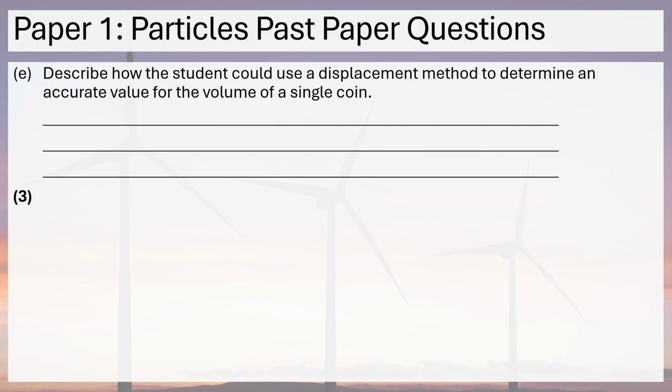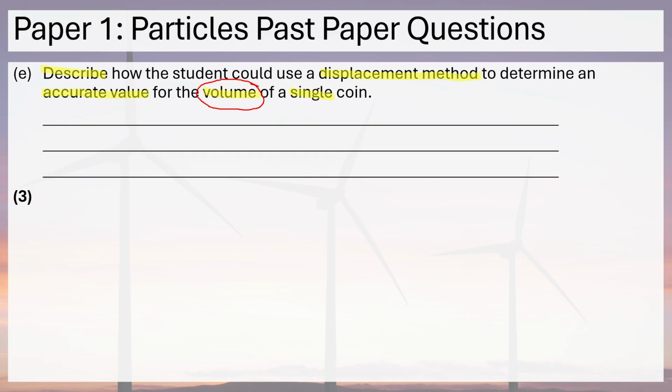Okay, looking at part E, we're describing how the student can use the displacement method to find an accurate value for the volume of a single coin. Now, before we start planning the answer, let's unpick the question. We're finding volume here. It doesn't say density. It's very tempting to write out the whole density method because we're familiar with that.